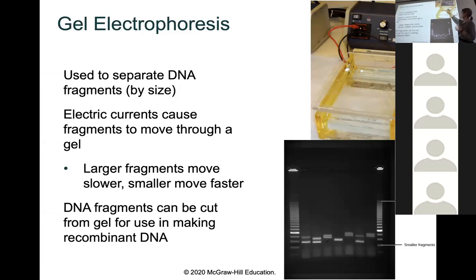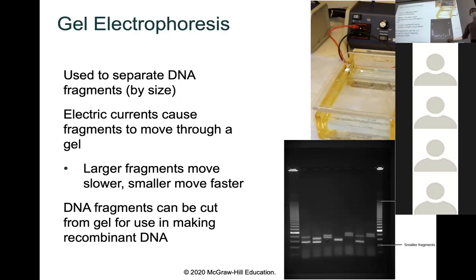Load it into these wells at the top of the gel, and then this substance here is just a clear gel. You hook it up to electricity, basically. Because the DNA is negatively charged, this end is positively charged. So once you start running electricity through there, that DNA will start moving down and separate out. So you get this separation of these different fragments of DNA based on their size.